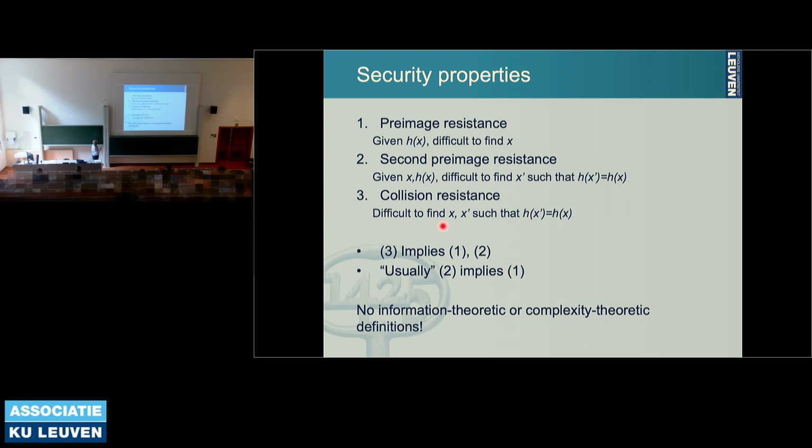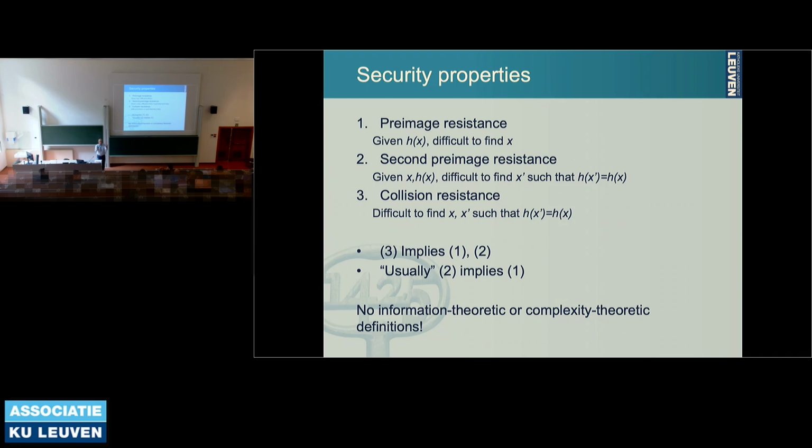Because in collision resistance, as an attacker, you're completely free which inputs you choose to find some output that you can also choose. So find any two inputs that go to some common output, whereas in the second problem, someone has already given you an output and a corresponding input, and then says, find now a second input that goes to this output. So this actually is a property that you require if you have signatures on electronic documents.